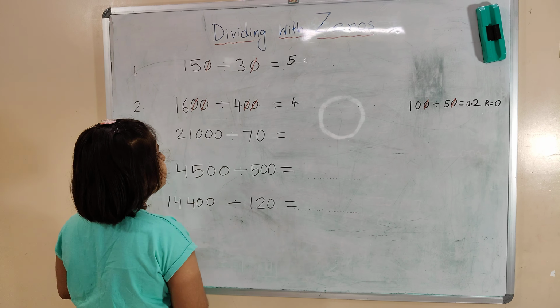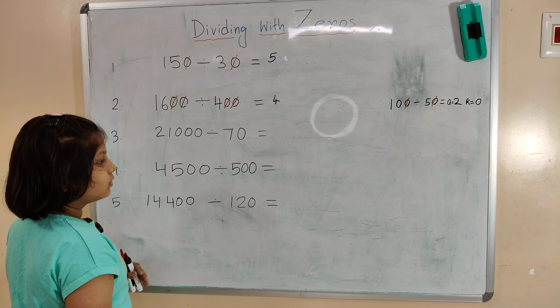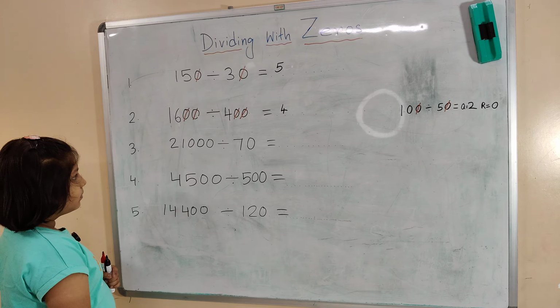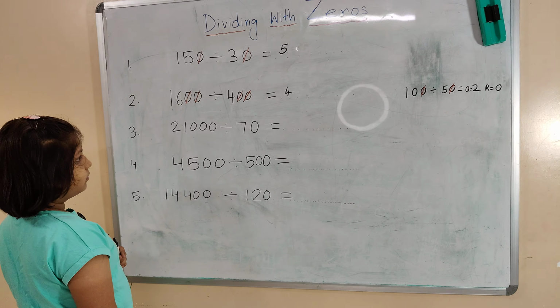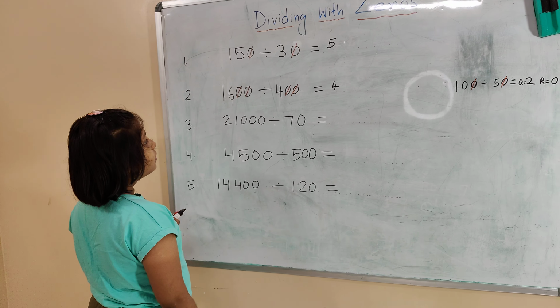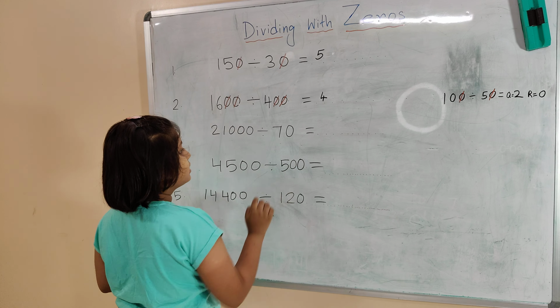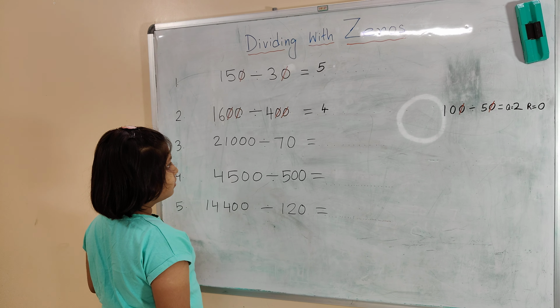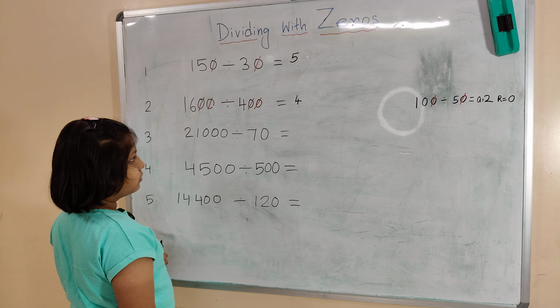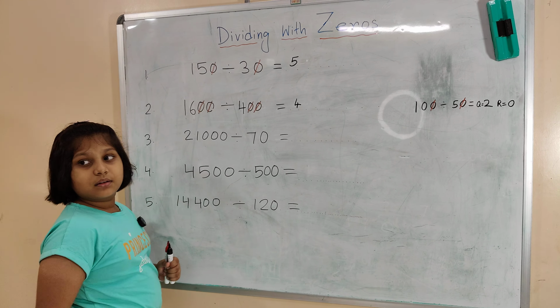21,000 divided by 70. In both the numbers, how many common zeros are there? In 21,000 there are 3 zeros. In 70 there is 1 zero. So how many common zeros in both the numbers? 1. Very good.